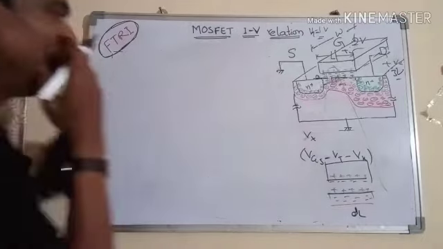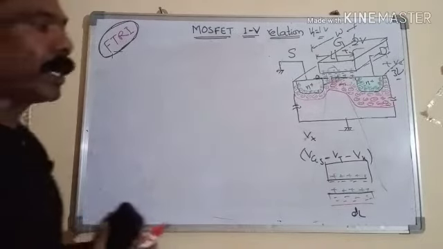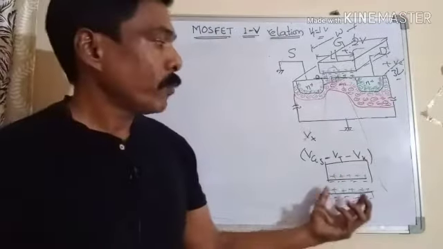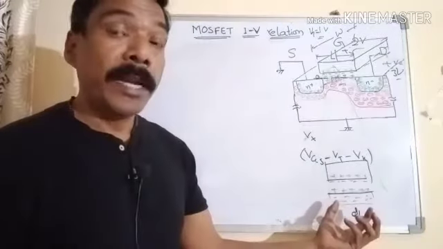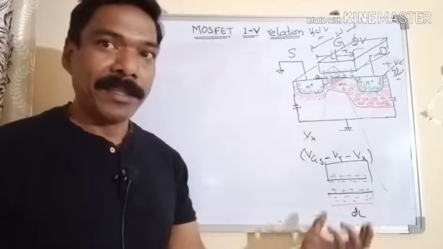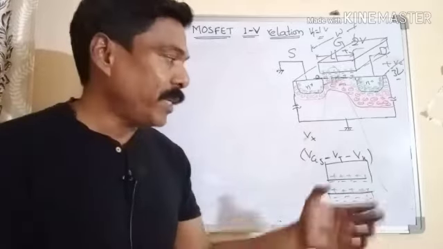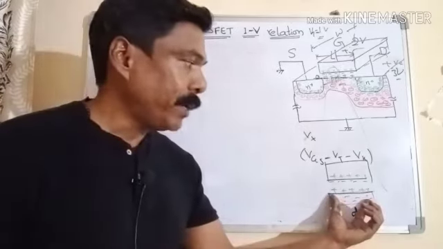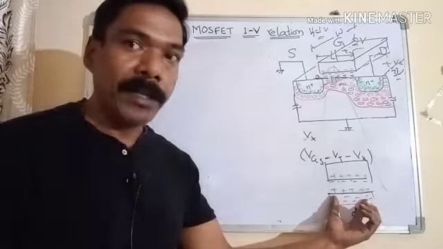Now to derive the current equation: current is nothing but the rate of flow of charge, charge per unit time, dq by dt. Here dq is the total charge in this elemental channel.